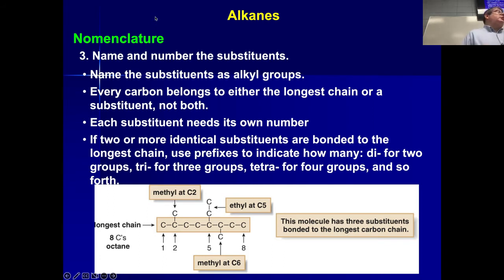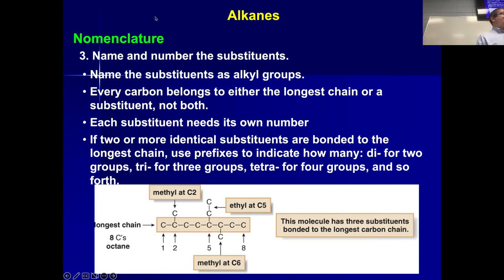Because there's a lot of rules, right? There's a lot of rules. So let's go on. You're going to name and number the substituents. Remember, the substituents for alkanes are all going to be alkyl groups, right? You have to remember that a carbon atom will either belong to the parent chain or to an alkyl group.